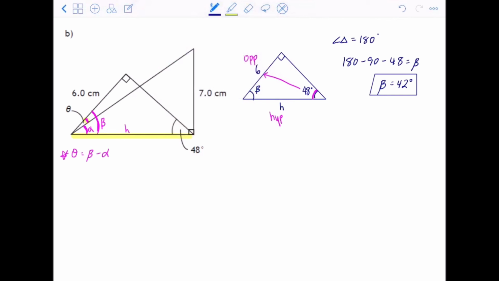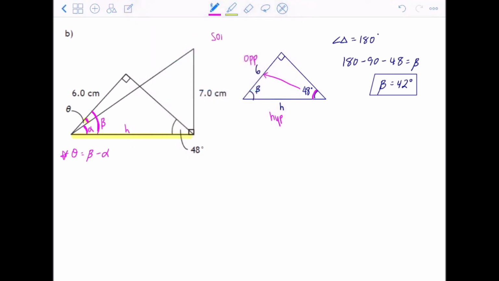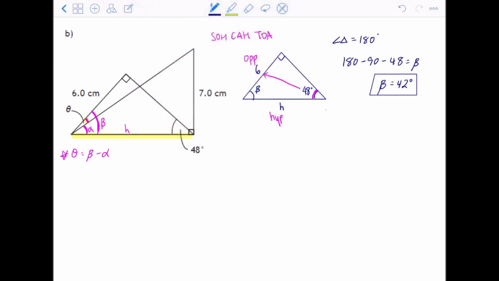We have opposite and hypotenuse, and we have an angle. So SOHCAHTOA, which ratio has opposite and hypotenuse? Sine is the correct one. So sine of 48 degrees equals opposite 6 over hypotenuse h.